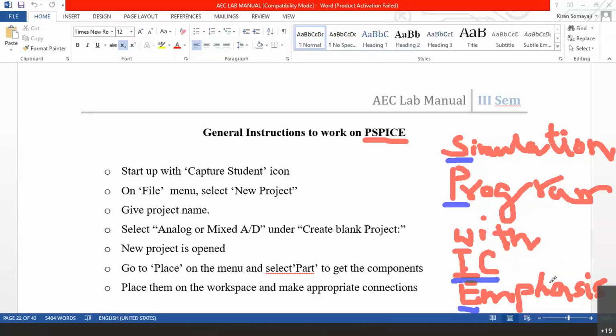The same Hartley-Colpitts oscillators, or the Wien bridge or RC phase shift oscillator, that can also be simulated using PSpice. But now my question is, when there are no physical devices, what is this program using to simulate the circuit? Can anybody tell me? So will it use the formulas that are encoded within it?